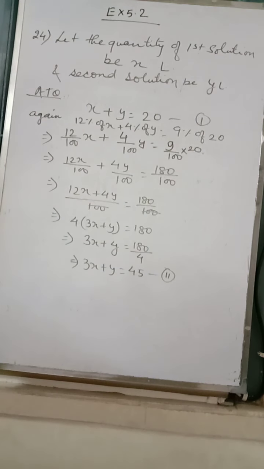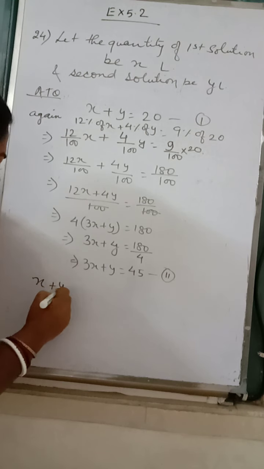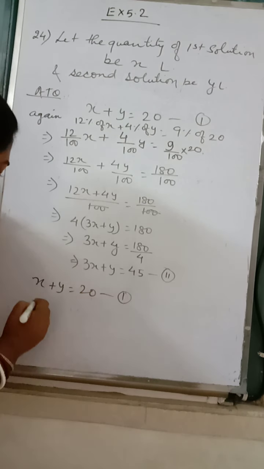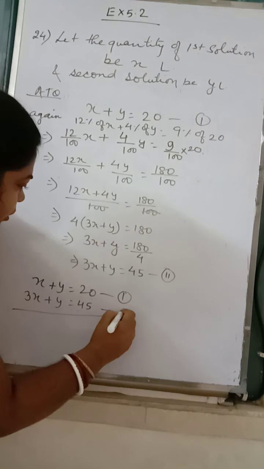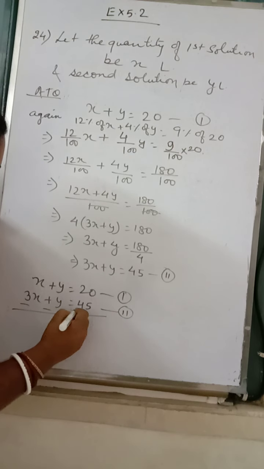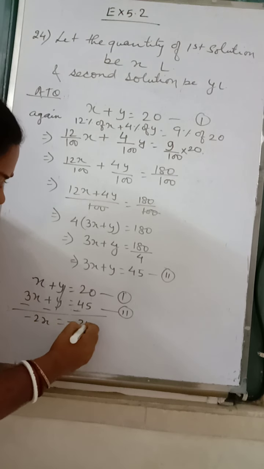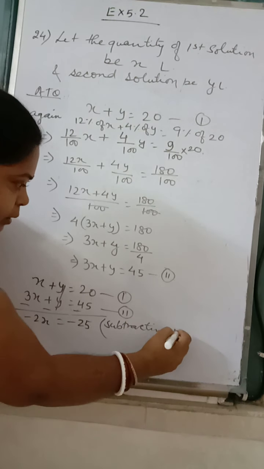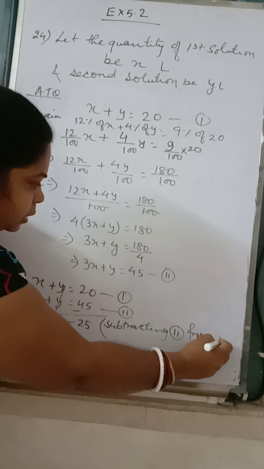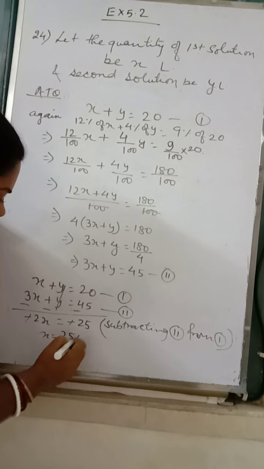Situation number 2. Now we had the first situation, we have the second situation. So we just write X plus Y is 20, 3X plus Y is equal to 45. So what can we do? We can subtract to eliminate. Subtracting 2 from 1, minus 2X is equal to minus 25, or X is equal to 25 by 2.